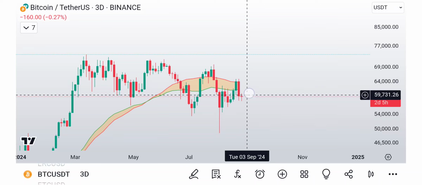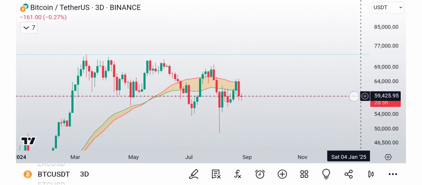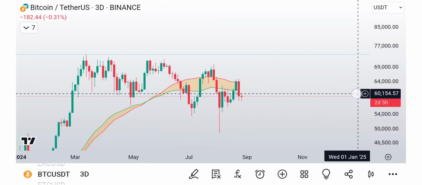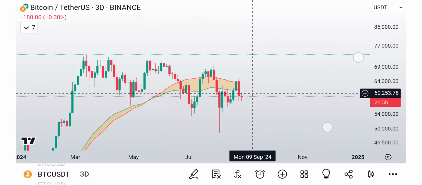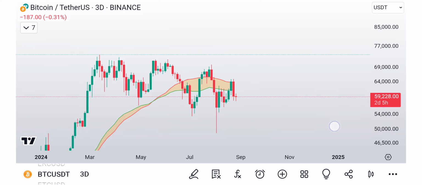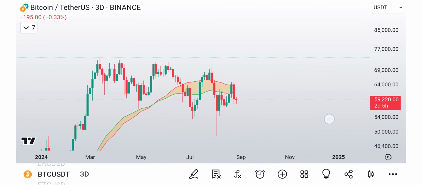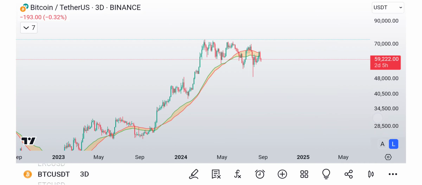People are on edge. So they're kind of like, well, maybe I'll just get out of the market and stay on the sidelines and see what happens. And then once everything's okay, I'll get back in the market. So you have people who are basically just waiting to see what happens. That might be a good strategy.